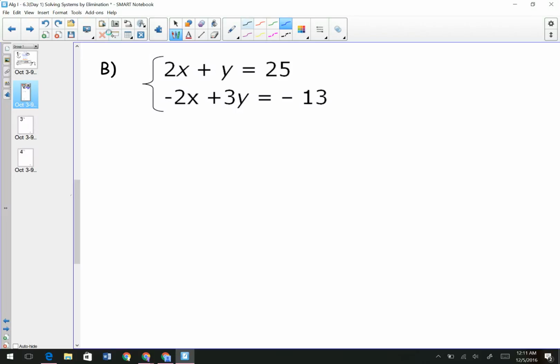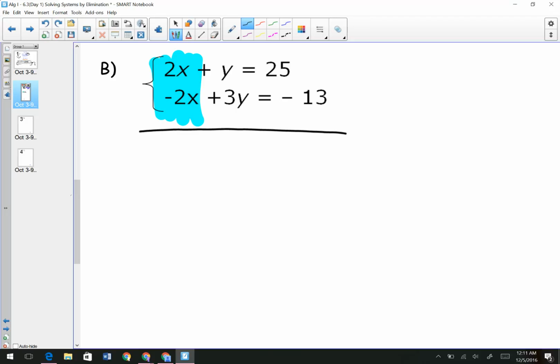Okay, so hopefully we've tried it out. I'm going to add down. Now take a look right here. Notice how the x's, one's a 2 and one's a negative 2. It's set up for elimination in that I have both x coefficients, they're both 2's, one positive, one negative.